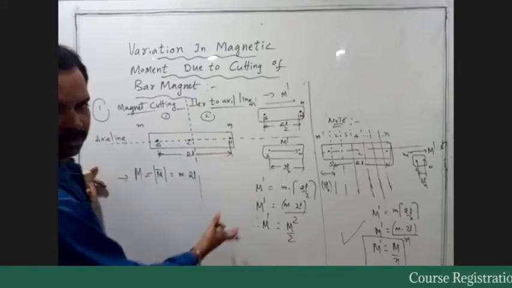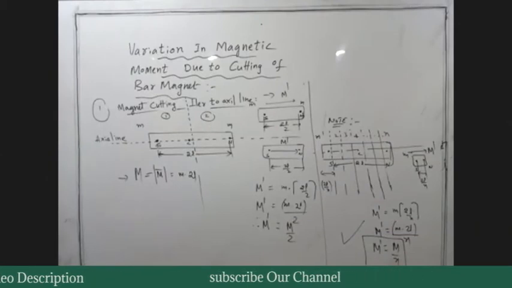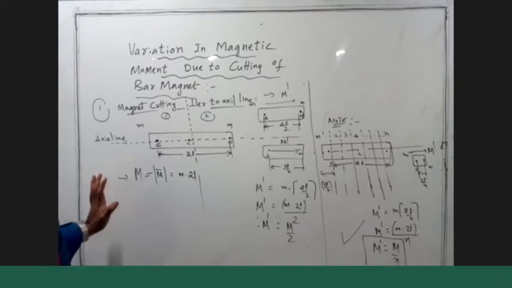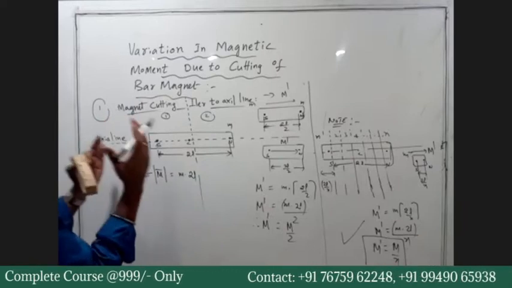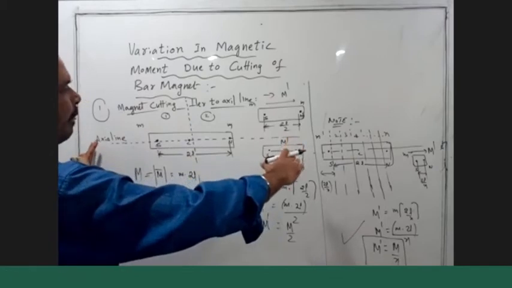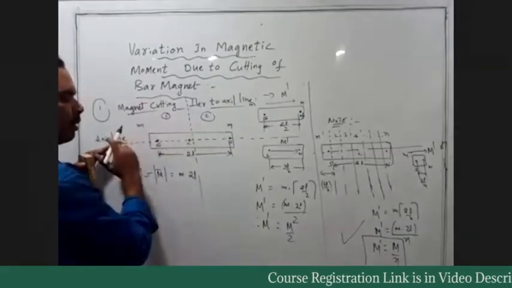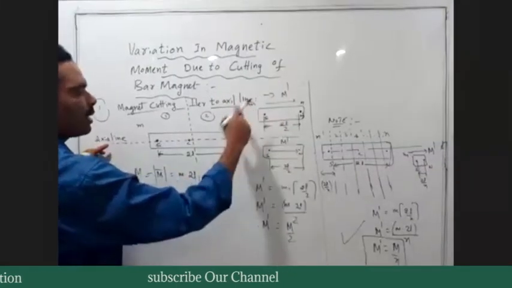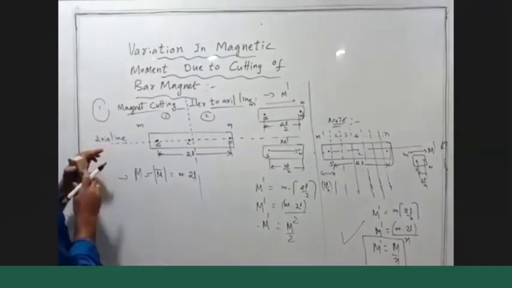Can I go for the next one? Okay. So in the next case, I am going to cut the magnet parallel to the axial line. When the magnet is cut into pieces parallel to the axial line, how does the magnetic moment of each piece vary?